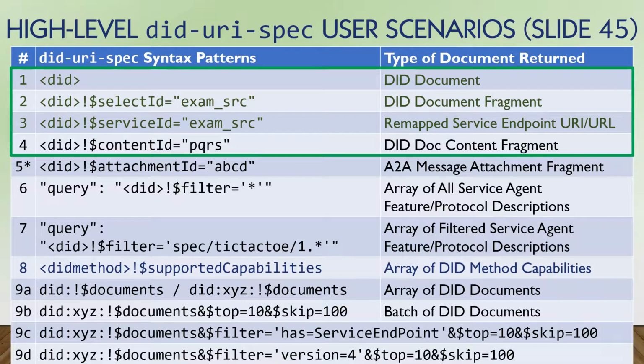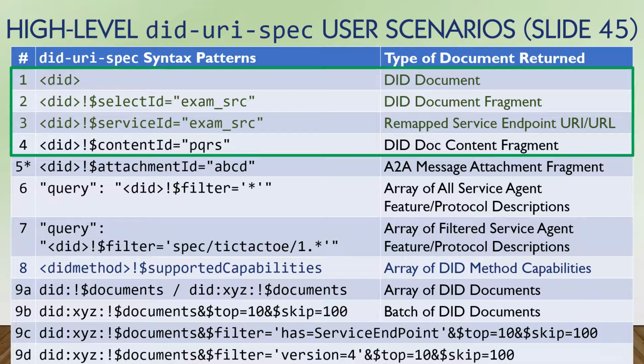So these are slides 45 and 46 from the original Hyperonomy universal did-uri-spec. And it identified a series of 20-something high-level user scenarios, did-uri-spec user scenarios.